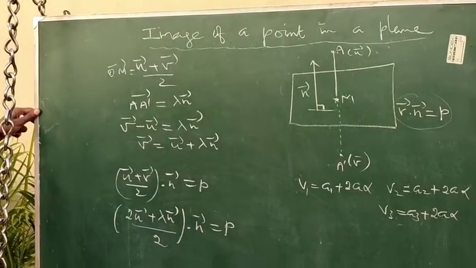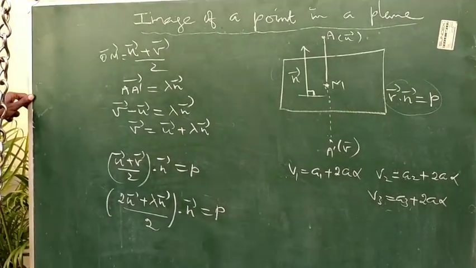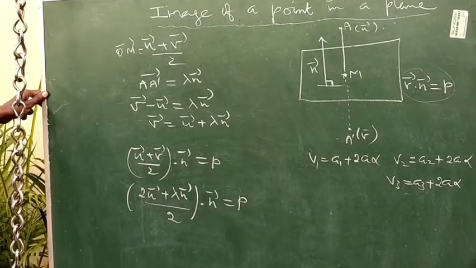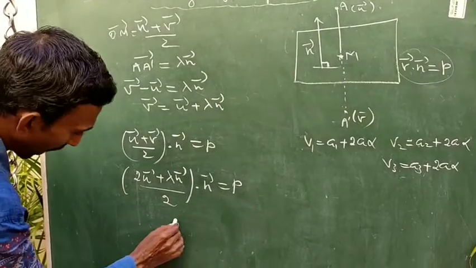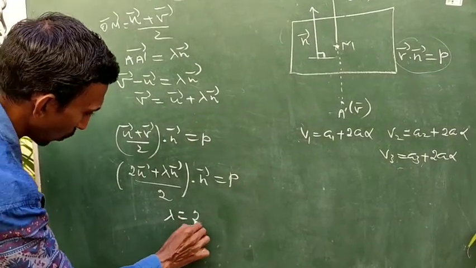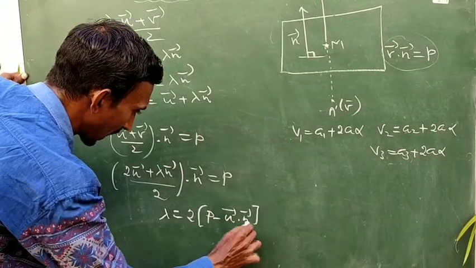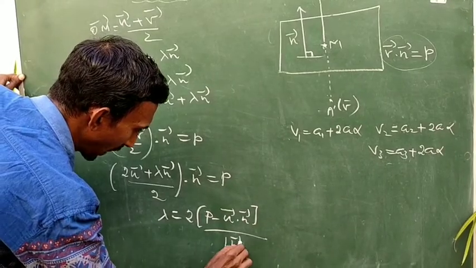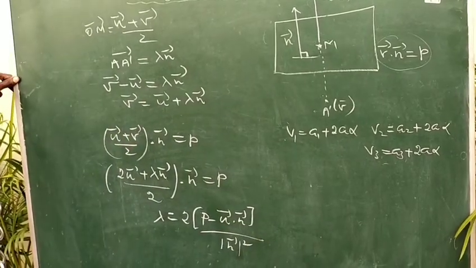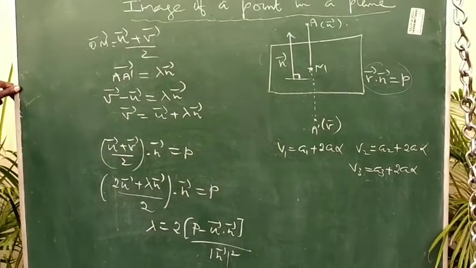Rearranging and simplifying to find lambda, lambda equal to 2 into (p minus u vector dot n vector) by magnitude of n vector square.